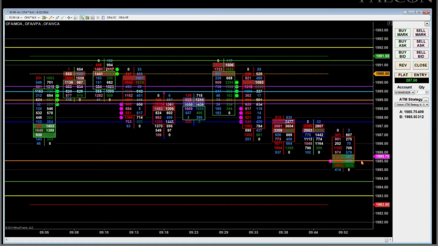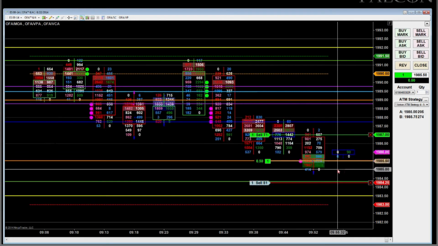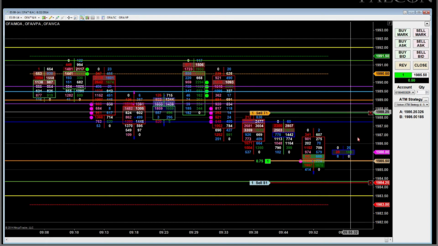I wanted to take this. I took the trade here, but I wanted to take it. I'm good at 85.50. So if I start seeing strength coming back into the offer down here at 85, I'm just going to get out of this trade.